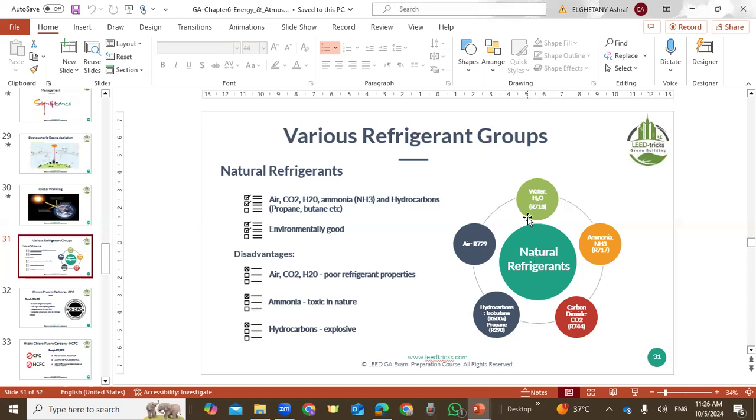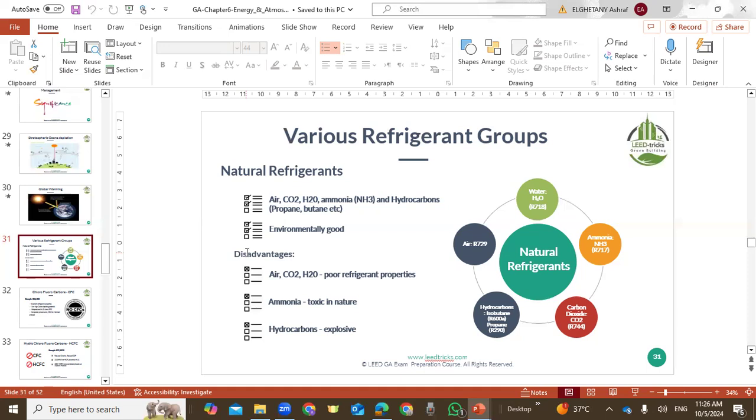Natural refrigerants such as water, ammonia (NH3), carbon dioxide, hydrocarbons, and air. This we call natural refrigerants: air, CO2, H2O, ammonia, and hydrocarbons like propane and butane. They are good for the environment.